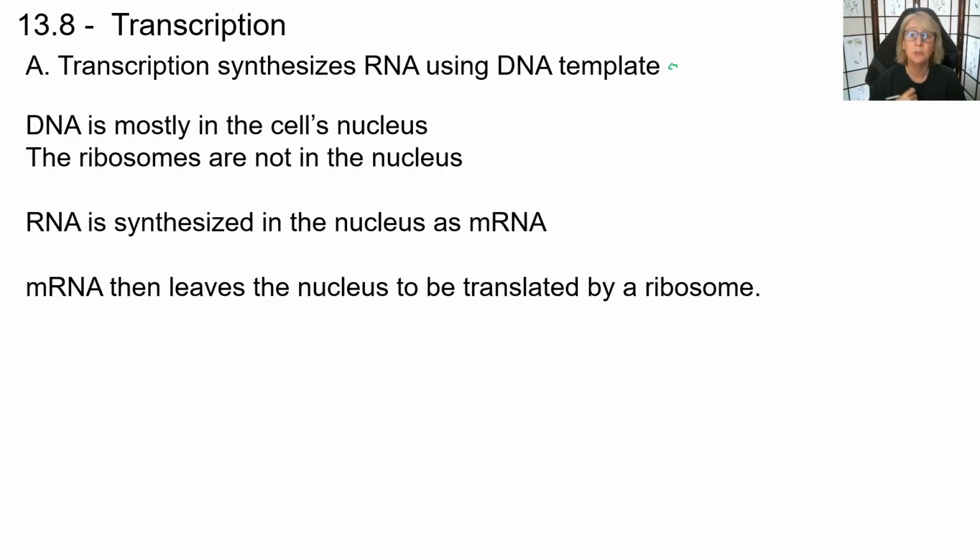RNA in eukaryotes is synthesized in the nucleus as mRNA. This is a message that travels from the nucleus to a ribosome. In bacteria, we don't have a nucleus.